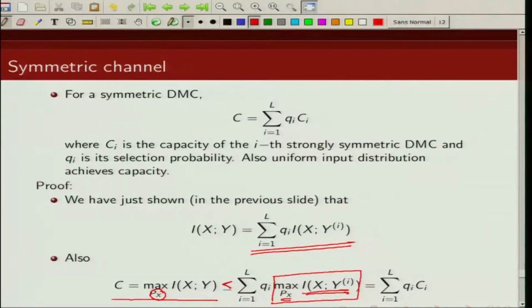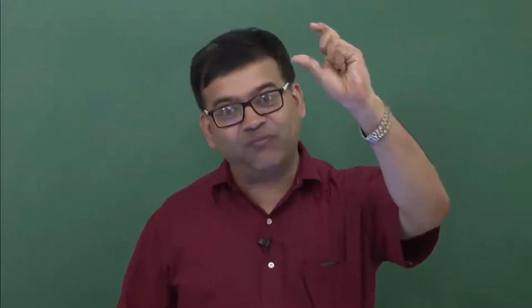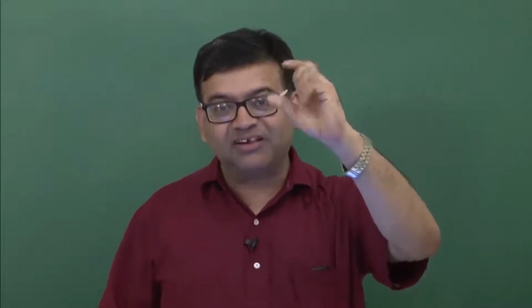So that's why for a strongly symmetric channel, I can write capacity to be equal to the sum of the capacity of the individual discrete memoryless channel multiplied by the probability of selecting that particular channel. So again I repeat, the input distribution that maximizes this for the ith channel is the same whether I consider the ith channel or the jth channel, because it is the uniform input distribution that will achieve capacity.